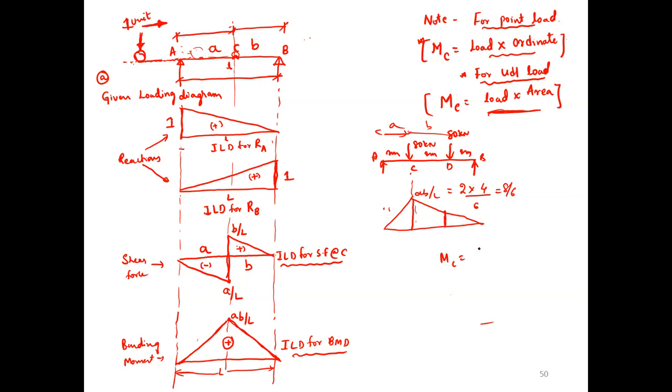Right. MC equals load. Load is how much? 80 into, for point load, ordinate is how much? AB/L, 8/6. How much are you getting? 320/3. And also you have to consider this one. So please don't forget, you have to consider all the diagram. What is this height?